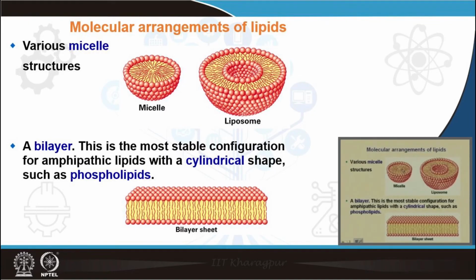Now, when we consider what a liposome is, okay, because we have to consider the way the transport of material occurs in the body. If you have a micelle and you have a polar ingredient or a polar substance that has to be transported, you understand that it is not going to be possible for this particular micelle to transport it.